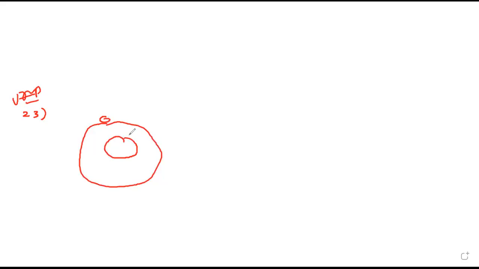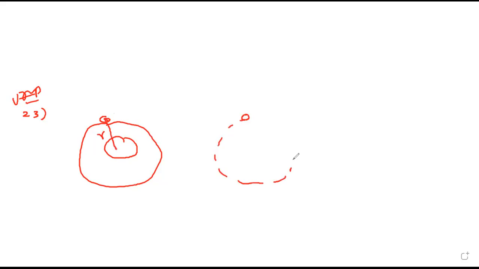24. A satellite is orbiting around the Earth with period T. If the Earth suddenly shrinks to half its radius, this is the original position.